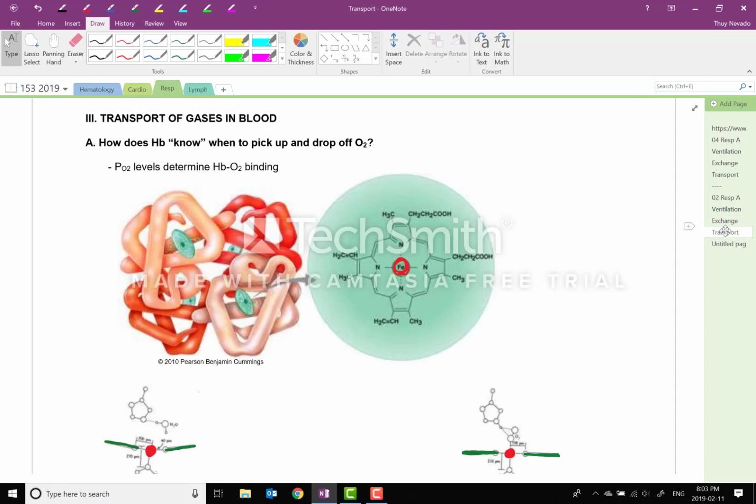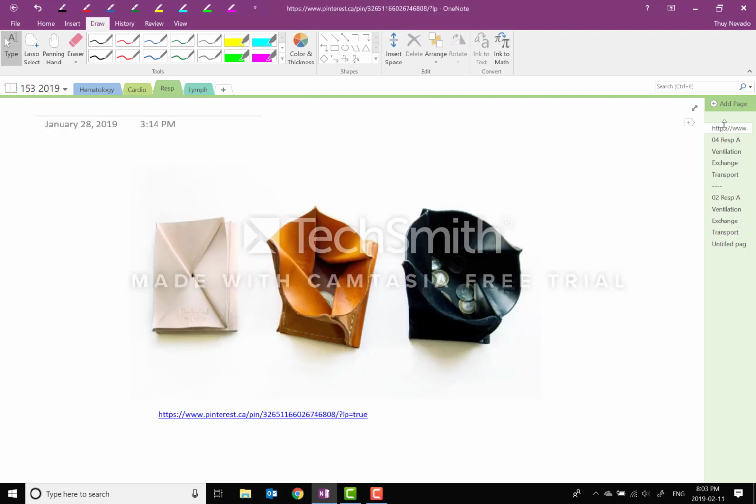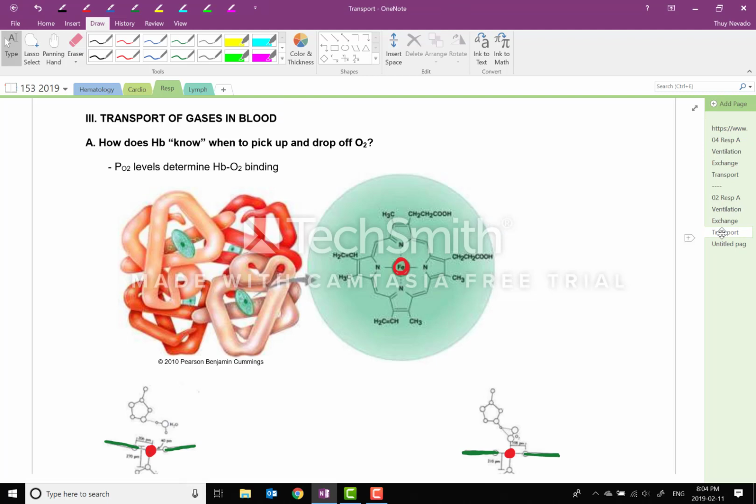Just a recap of this as well. When you think of hemoglobin, I almost would like you to think of it as a coin purse, so that, for example, here you can see there's 4 different areas. If I go back to that picture of hemoglobin, you can see here we have the globin subunits, 2 alpha and 2 beta, and then within the middle of that we have this green disc, which is the heme group, and at the center of the heme group we have iron, where oxygen binds.